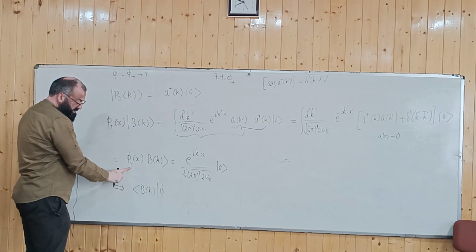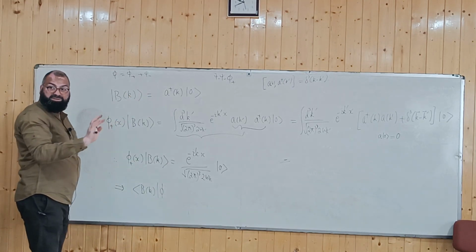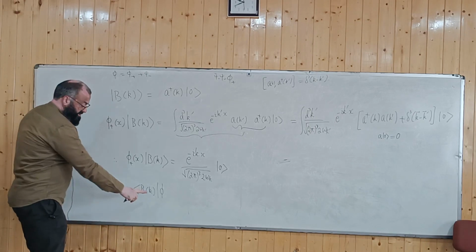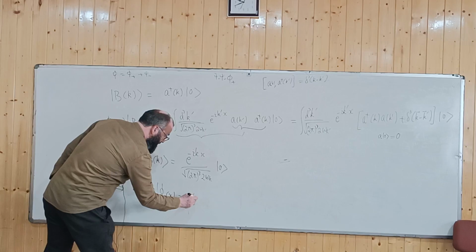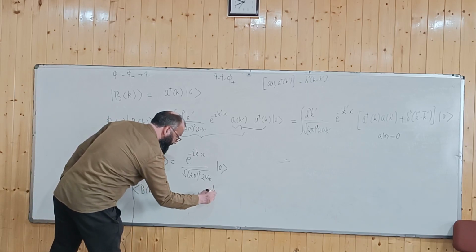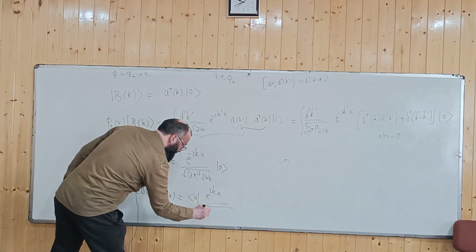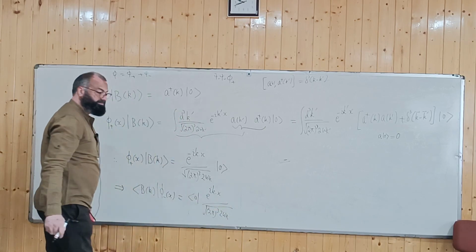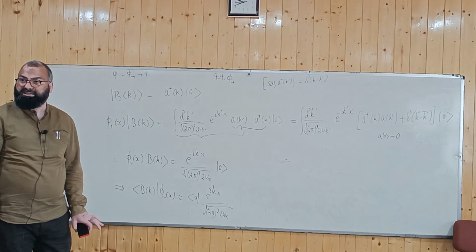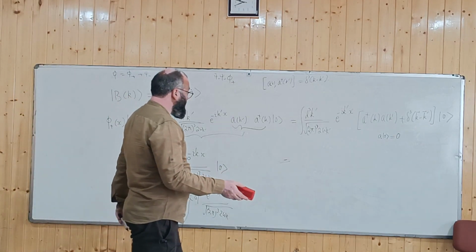When I take the conjugate, since this is the annihilation operator, it will become a creation operator. So it will be simply phi minus of x acting on the vacuum state, e raised to i k dot x divided by root of 2 pi cube twice omega. Got it?